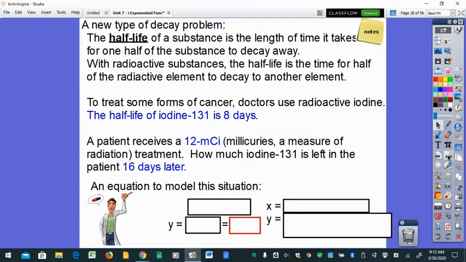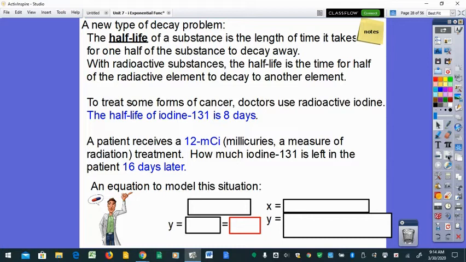So the half-life of a substance is the length of time it takes for 1/2, 50%, of the substance to decay away. So again, it could be a radioactive substance, it could be a medicine in the body, something like that. With radioactive substances, the half-life is the time for half of the radioactive element to decay to another element.